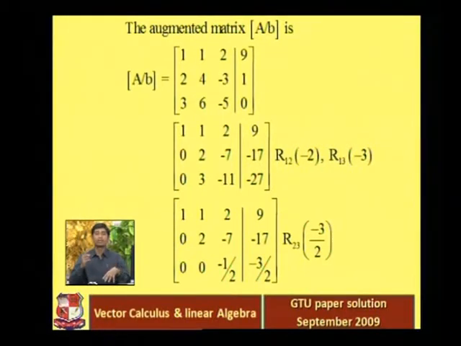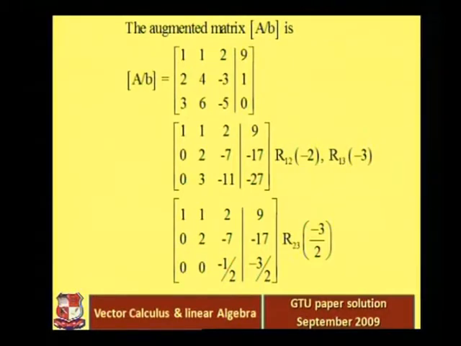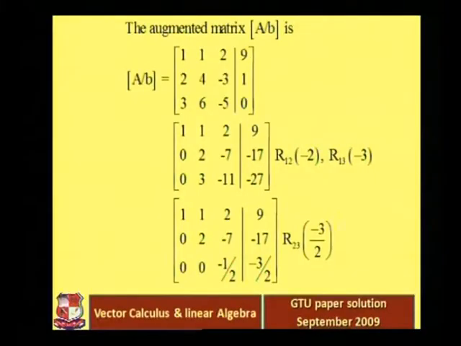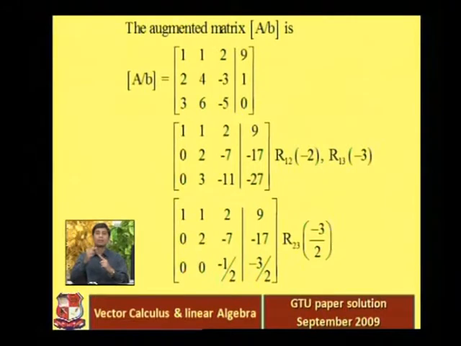The first one is that the leading entry must be 1, and the other condition is, in any column if there is a leading entry, except that leading entry all the elements in that column should be 0, both below and above it.